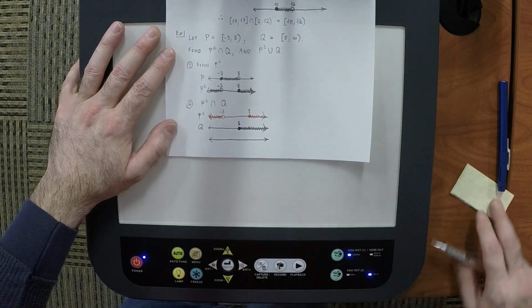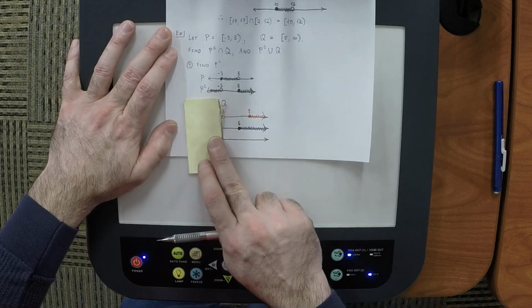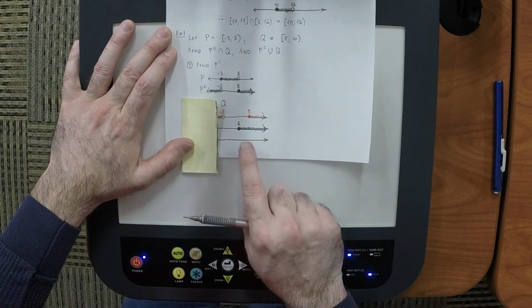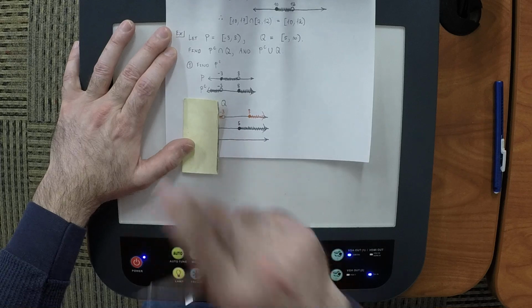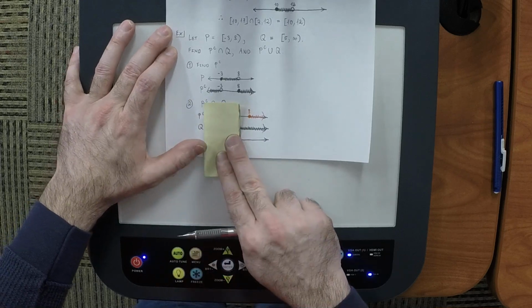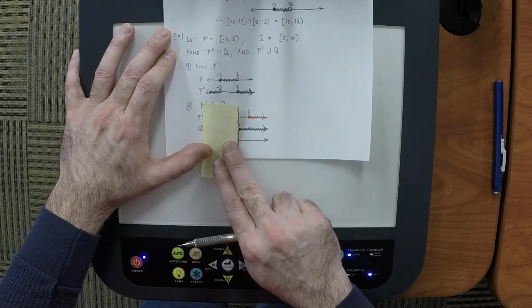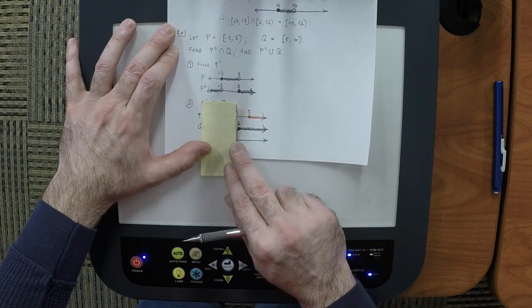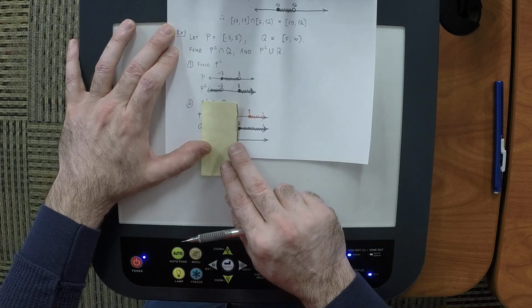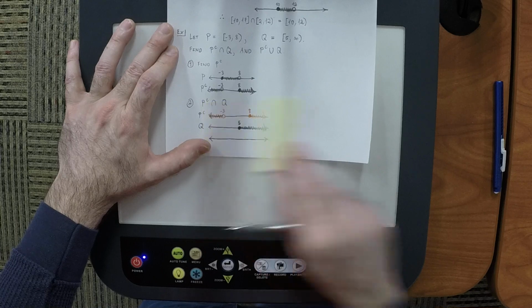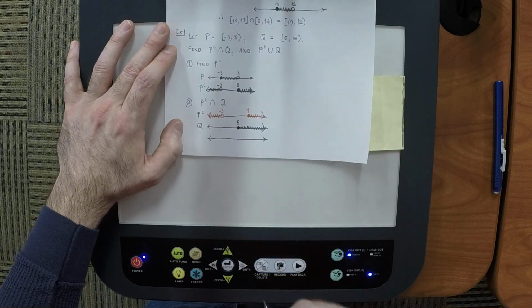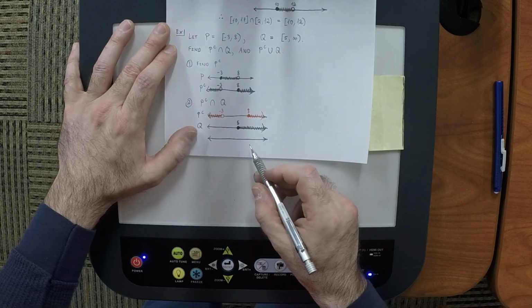So nothing back here could be part of the intersection, because green doesn't even start until 5. But even 5 is not in the intersection, because we need both colors. So what points have both? 8 to infinity.